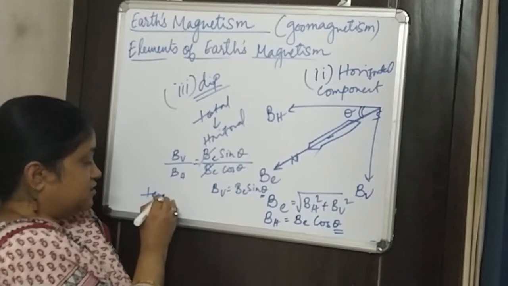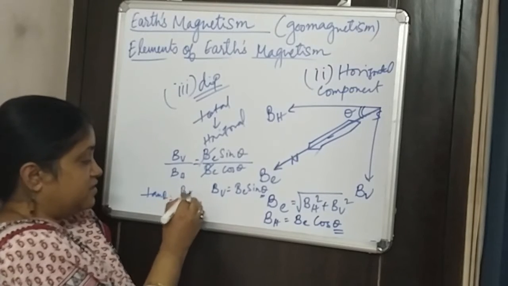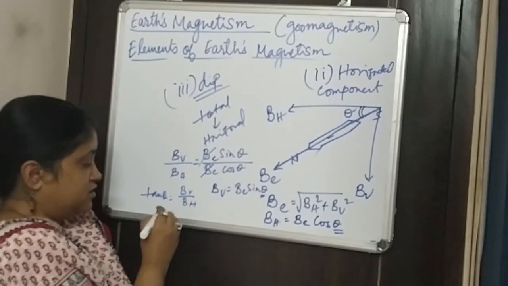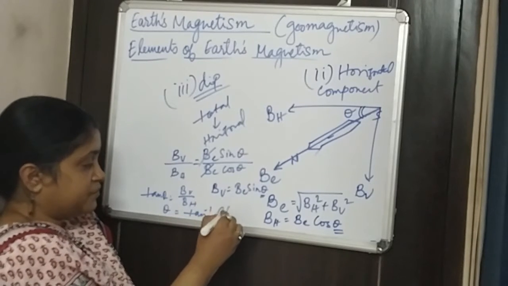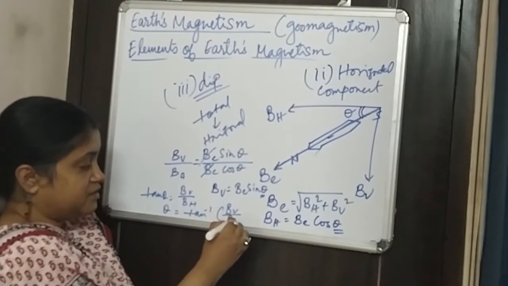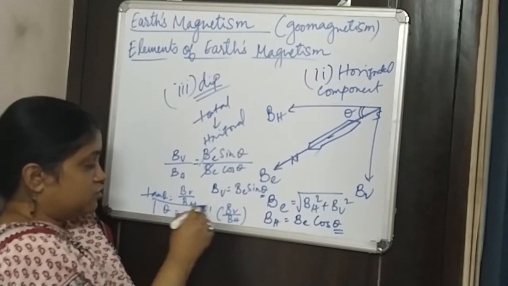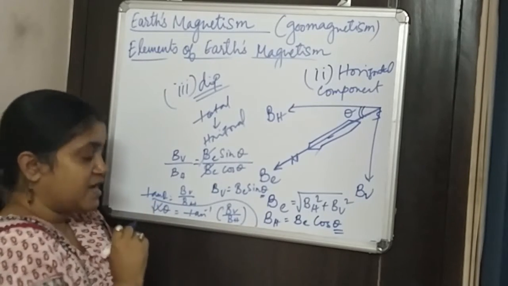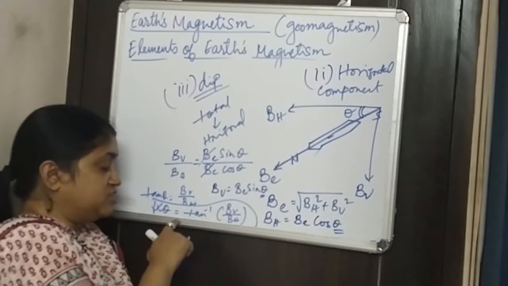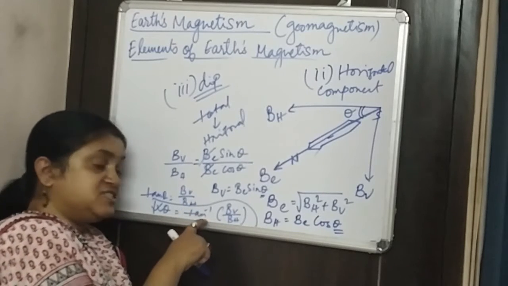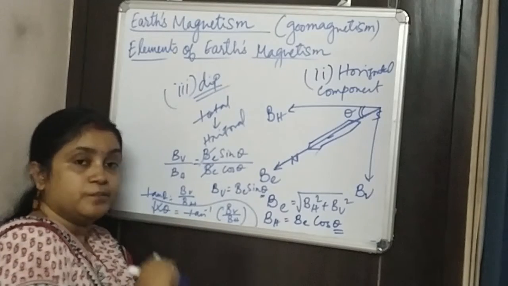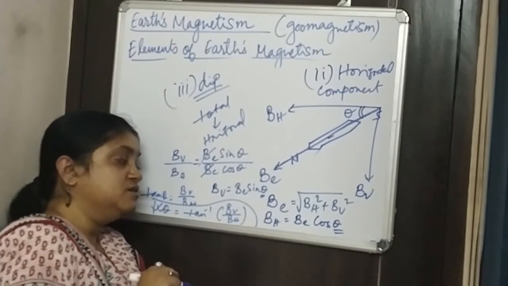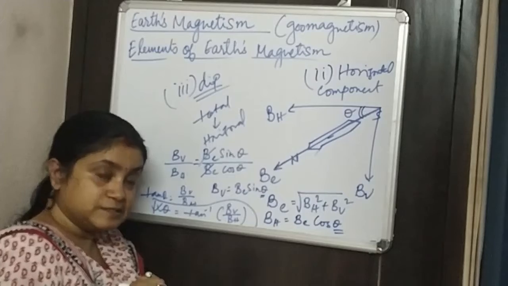So tan theta is BV by BH. Therefore theta is tan inverse of BV by BH, right? So this is the angle of dip, which is the inverse tan of the ratio of the two components of the total magnetic field of Earth.